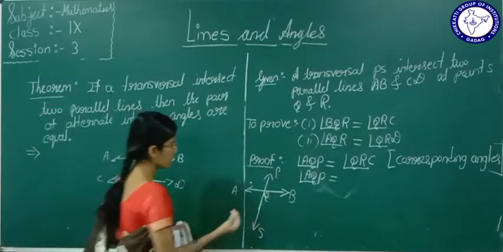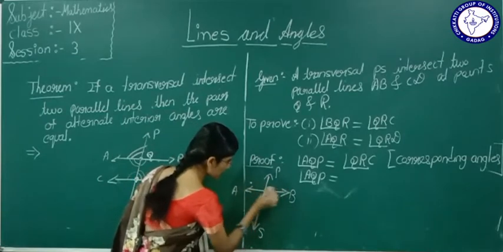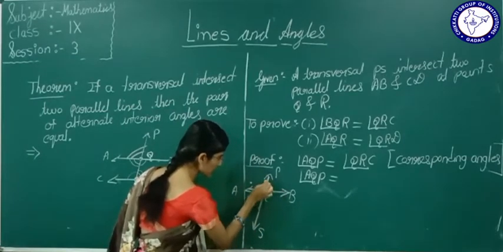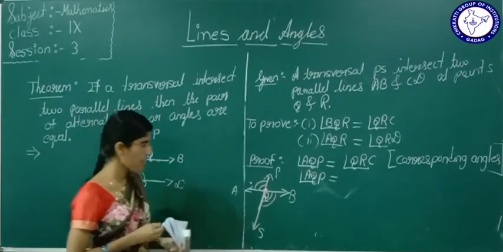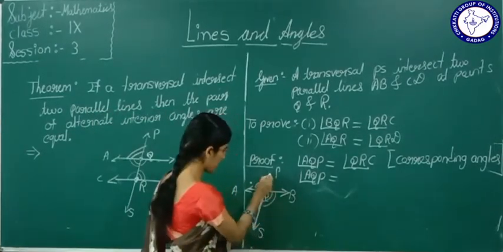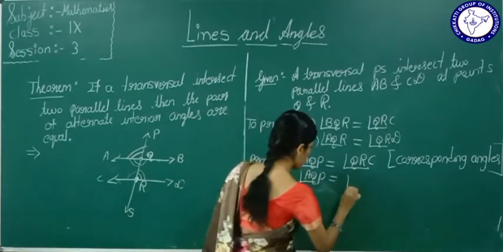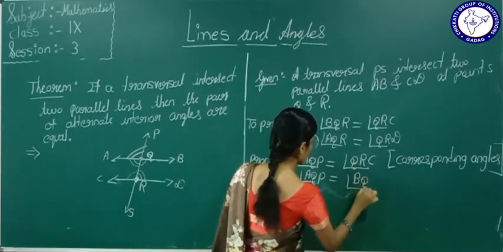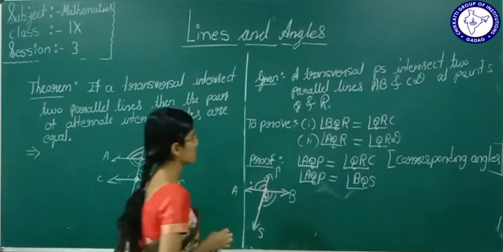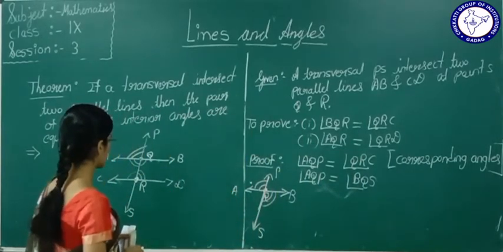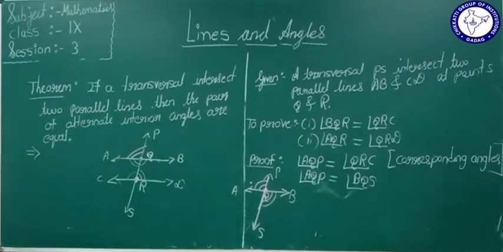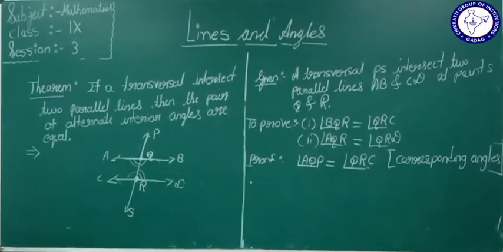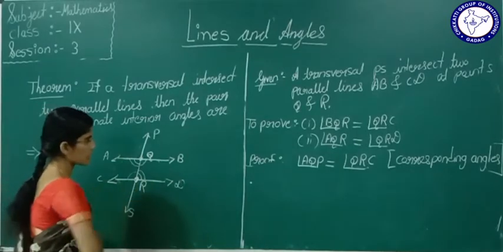Two lines are intersecting at point Q, which means these are vertically opposite angles, and vertically opposite angles are equal. That is, angle AQP is equal to angle BQR. Now we got corresponding angles.